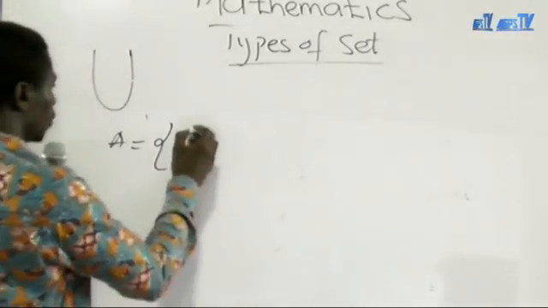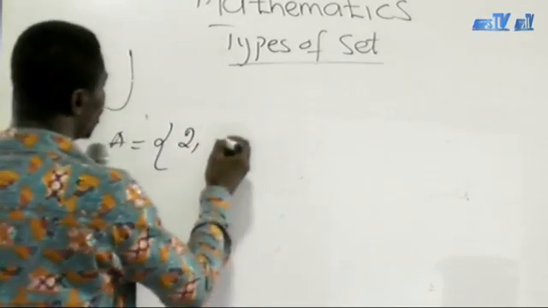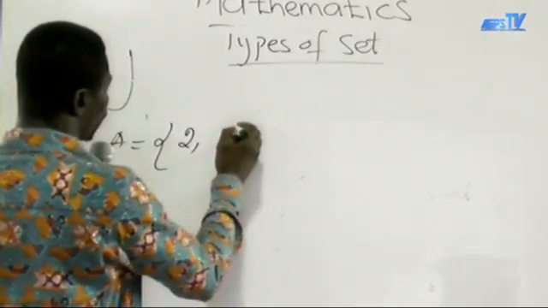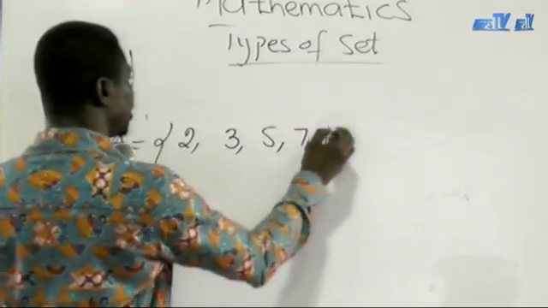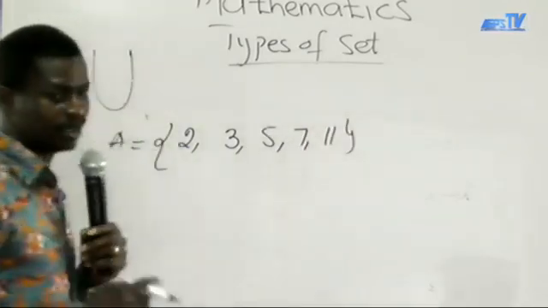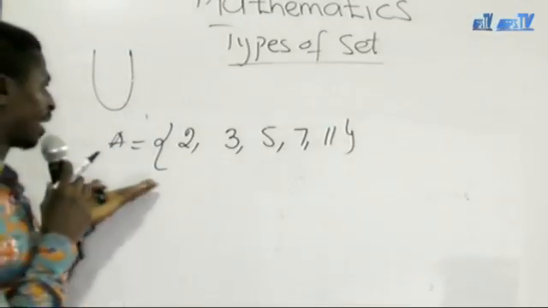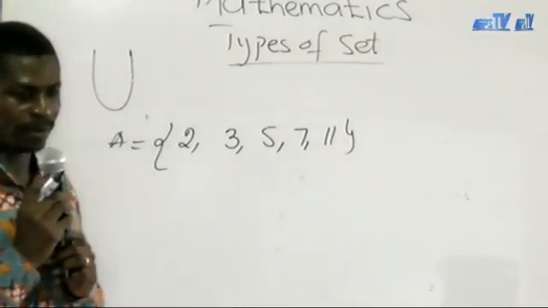So I have 2, 3, 5, 7, and then I have 11. So these are the first 5 prime numbers.